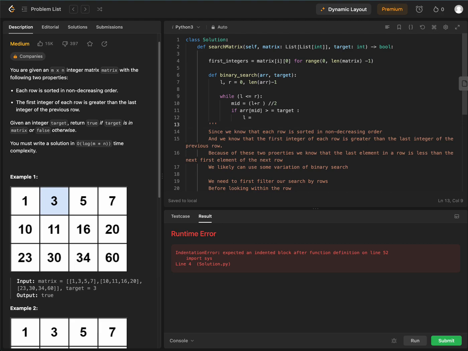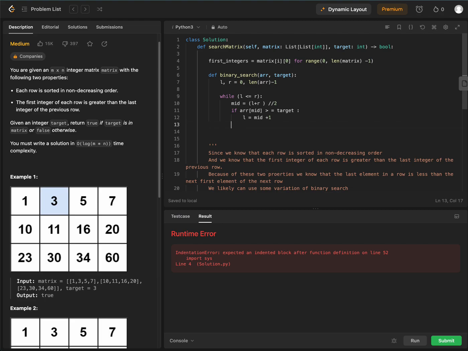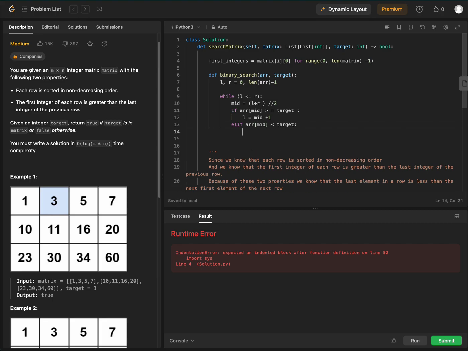If this value is smaller than target, we want to do this, right?